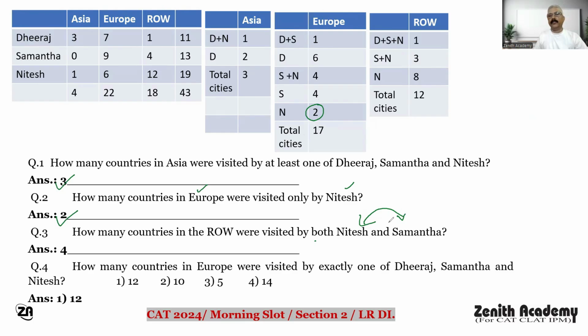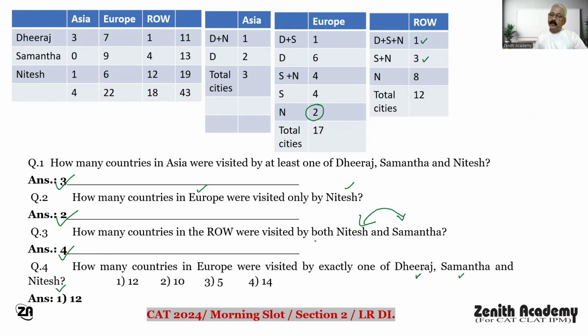How many countries in the rest of the world were visited by both Nitesh and Samantha? Both Nitesh and Samantha, we have worked upon it, means it is not given whether Dheeraj was present or not present. Nitesh and Samantha visited 3 together and 1, and Dheeraj was also there. So 3 plus 1, answer should be 4. Last question. How many countries in Europe were visited by exactly one of Dheeraj, Samantha, and Nitesh?